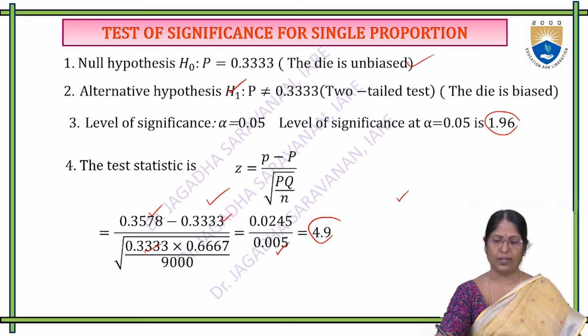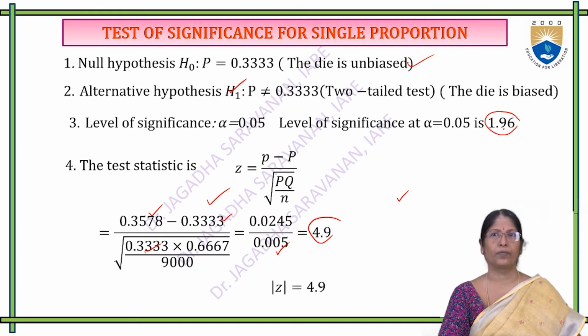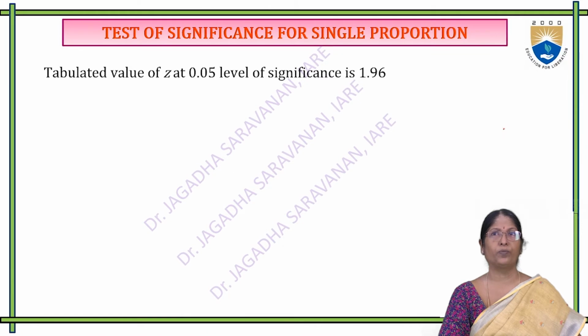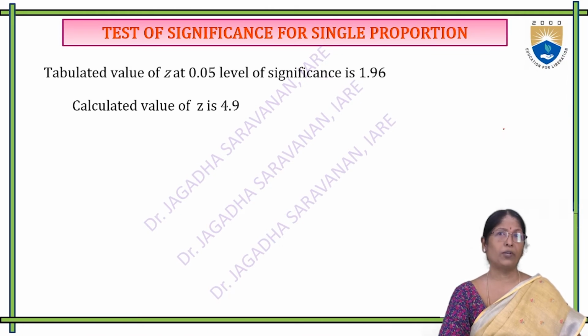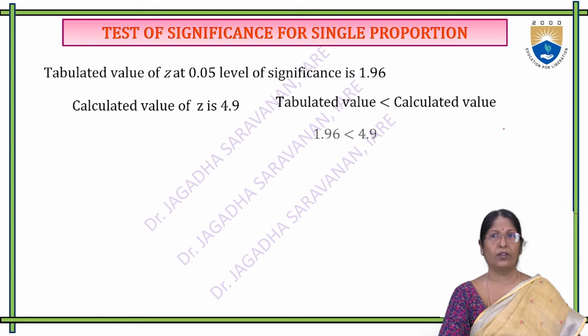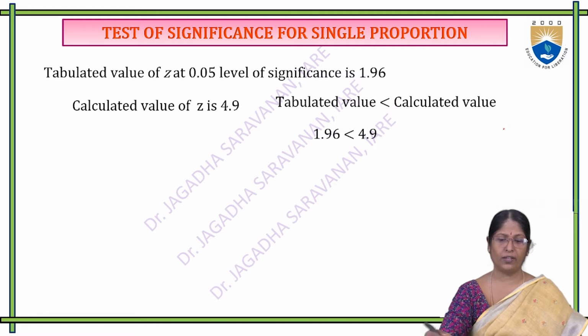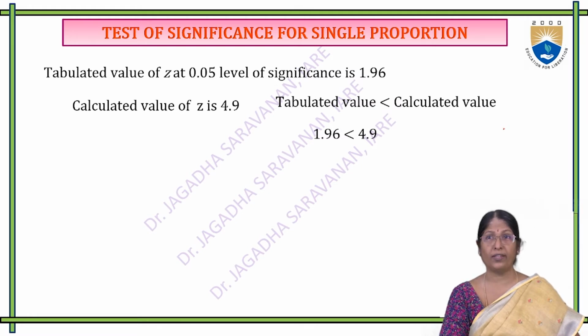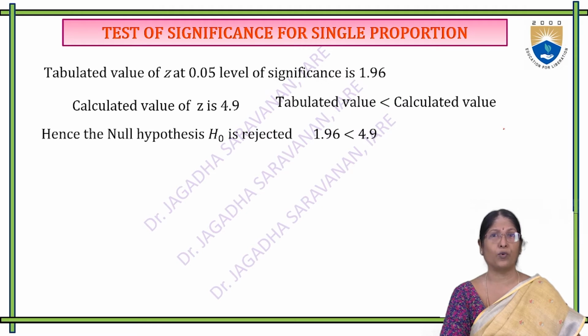The reason is the tabulated value is less. The tabulated value of Z at 0.05 level of significance is 1.96, and the calculated value of Z is 4.9. The tabulated value is less, that is 1.96 is less than 4.9.